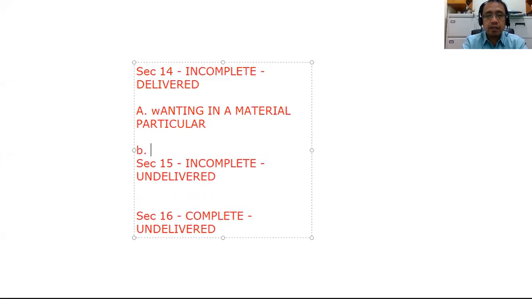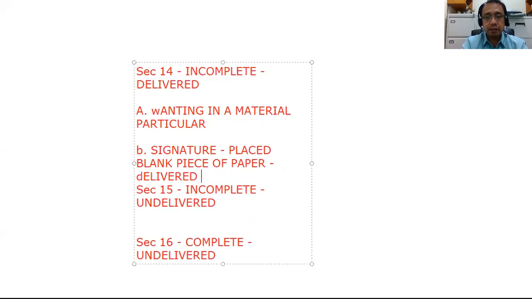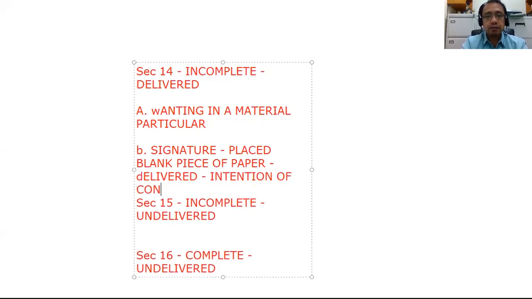And then the other one is a signature, a blank signature, a signature that has been placed in a blank piece of paper, delivered to another, okay, subsequently delivered, with the intention of converting it into a negotiable instrument.